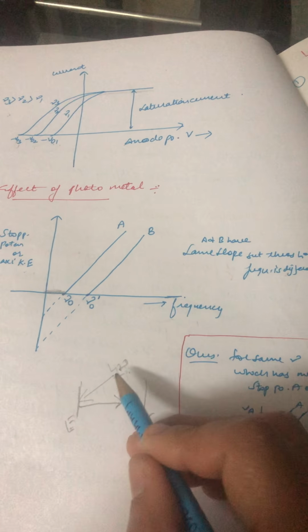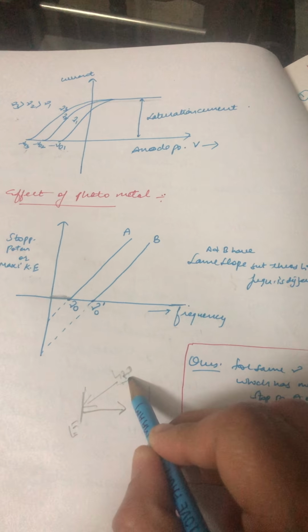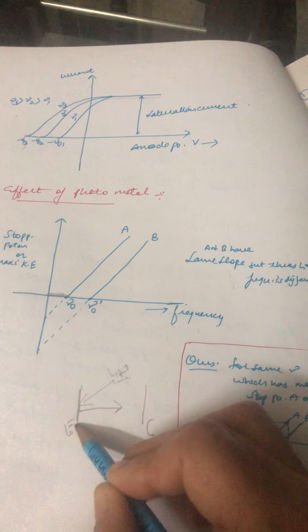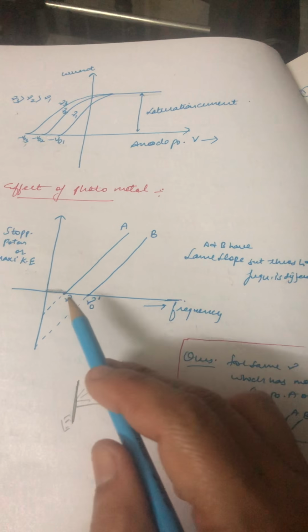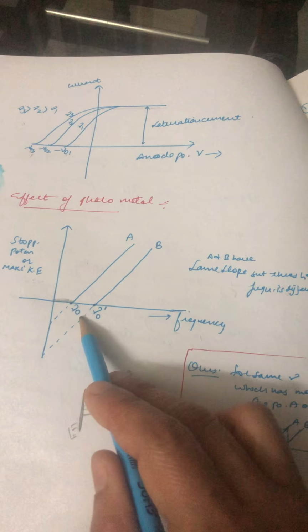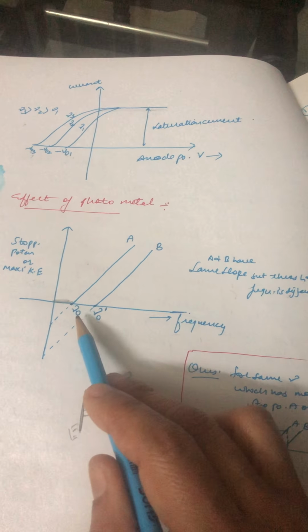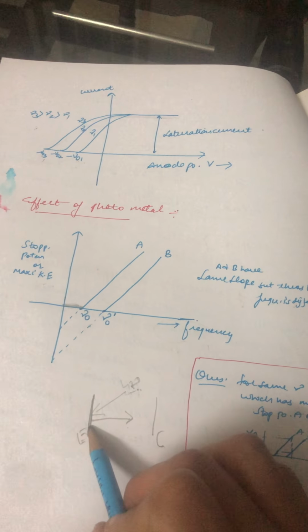They said this photon should have a minimum amount of energy, equal to the work function of this metal. So nu naught is called the threshold frequency. This is the minimum frequency required for making the photoelectric effect possible.